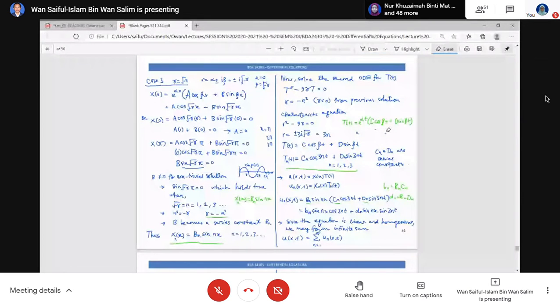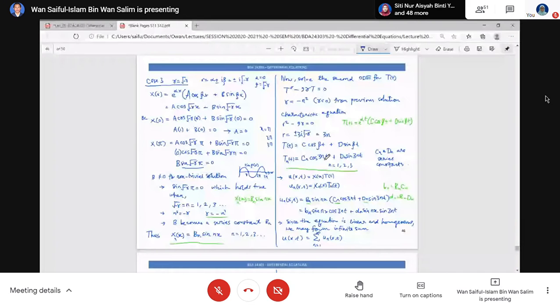into the general solution. So what's the general solution? Well, the one before is a cosine square root of minus gamma x plus b sine square root of minus gamma x. Because a and b are used up, I now use c and d to represent the integration constants of the solution. So I use T of t equals c cosine beta t plus d sine beta t.